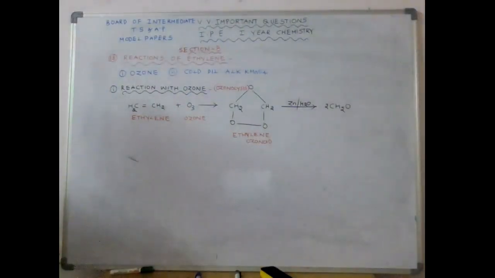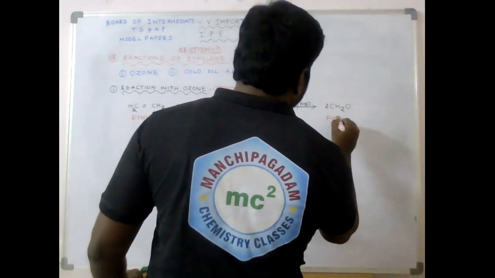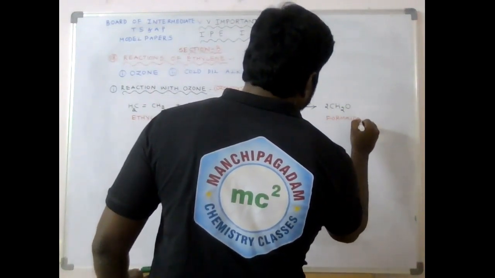So when it reacts with ozone, it forms ethylene ozonoid, and it undergoes hydrolysis in the presence of zinc to give formaldehyde. CH2O means what? Formaldehyde. That is the statement.